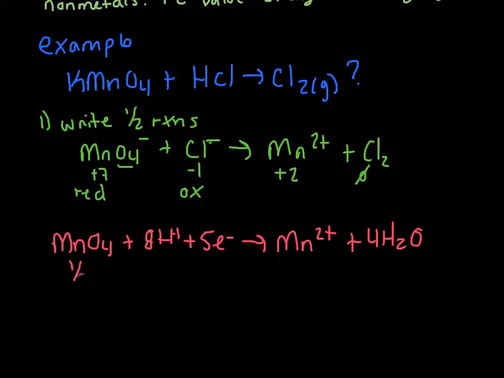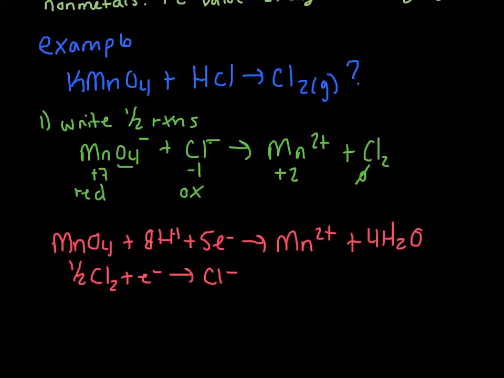You get half Cl2 plus the electrons gives you Cl minus. Because remember, the E theta value is for your reduced species, therefore we're writing our appropriate half reactions to represent the reduction reactions that are taking place.